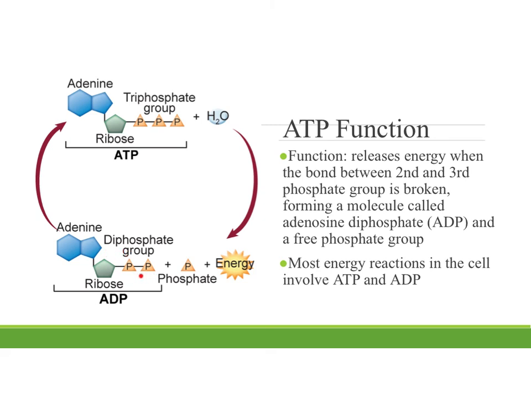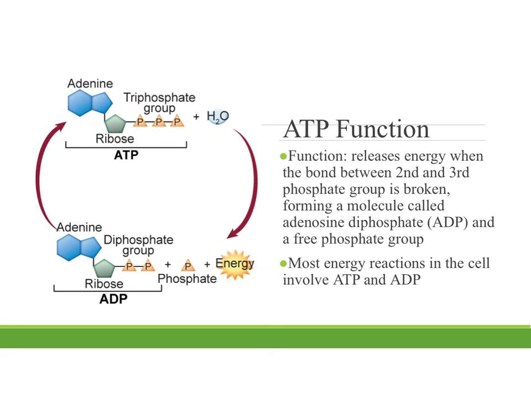Okay. So this is why it's D. D is for di. Then you get a free phosphate group and energy left over. So this is how cells get their energy. Okay. So when the bond is broken between the second and third phosphate, it gives off an excess of energy, so that's where it comes from.